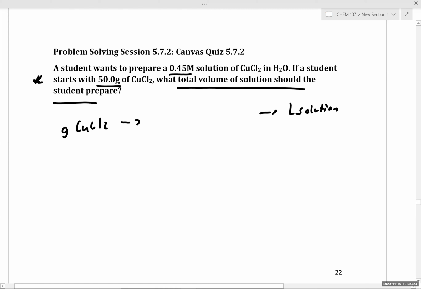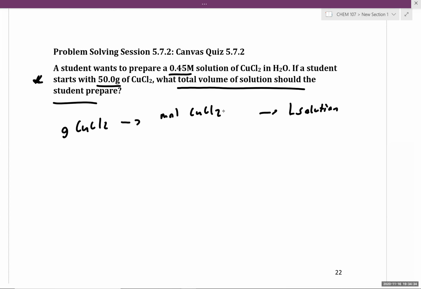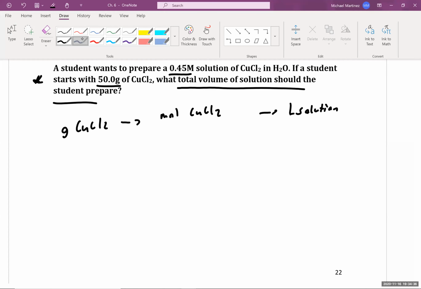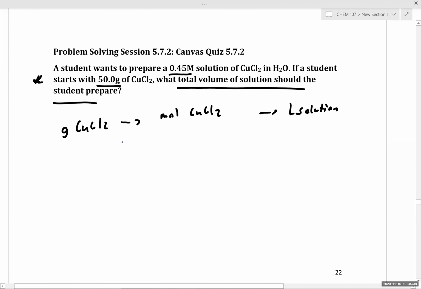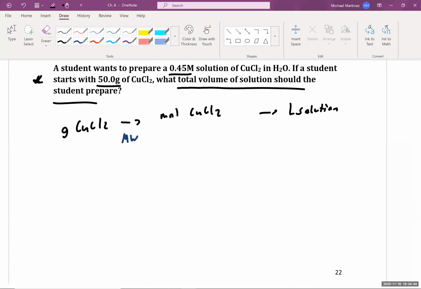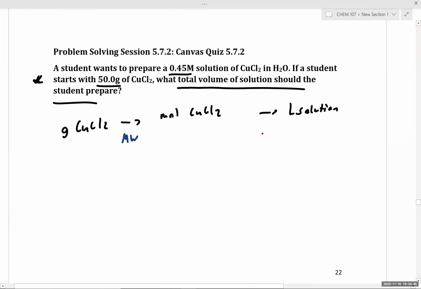Again, as always, we can get the liters of solution from the moles of solute, in this case, copper chloride. In order to accomplish this conversion, to go from grams of copper chloride to moles of copper chloride, we'll need our molar mass. And to go from the moles of solute to the liters of solution, we'll need our molarity.